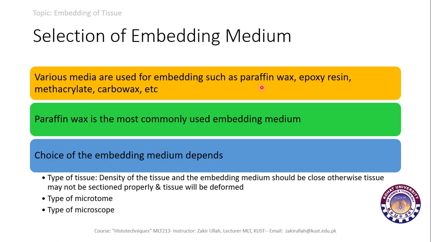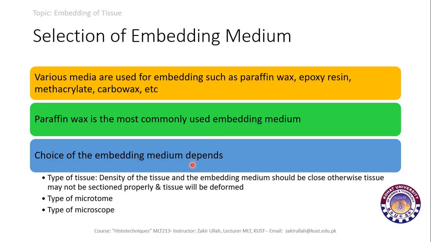So, these are the reported different types of embedding medium, but paraffin wax is the most commonly used embedding medium throughout the world, and it is non-toxic, cheap and easily available from crude petroleum. It is a byproduct of crude petroleum.